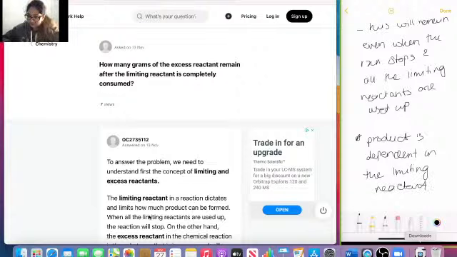Right, so basically the amount of excess reactant remained will depend on its initial concentration.